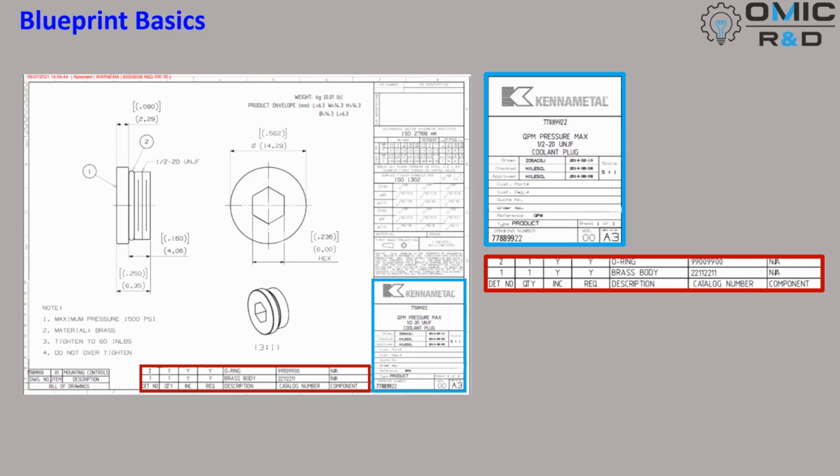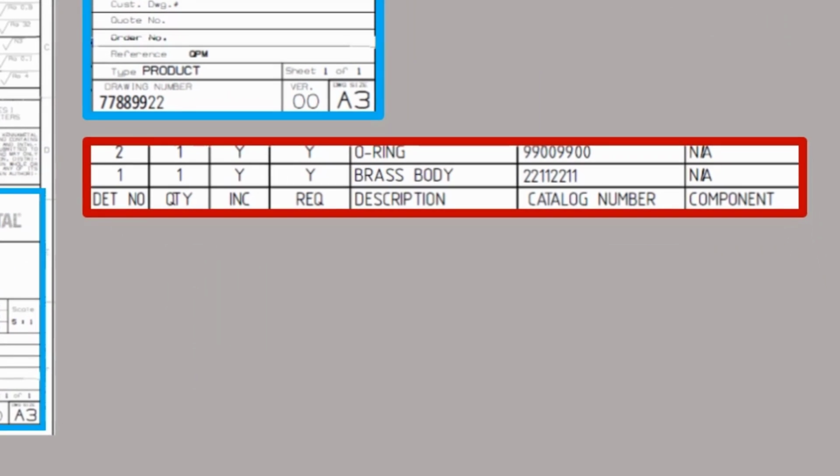Still continuing to talk about the template of the blueprint, this next box in the red border is going to talk a little bit more about the components and the parts. The way we describe that is with this DET number, often referred to as the detail number.